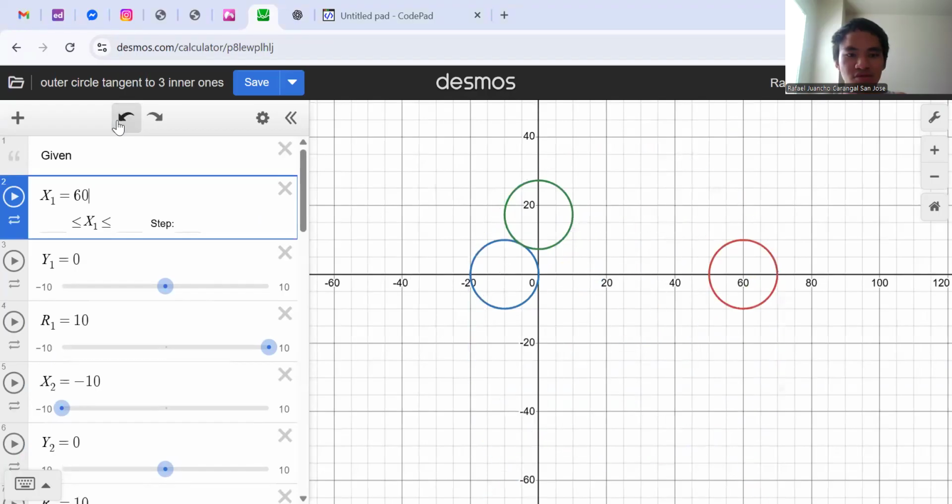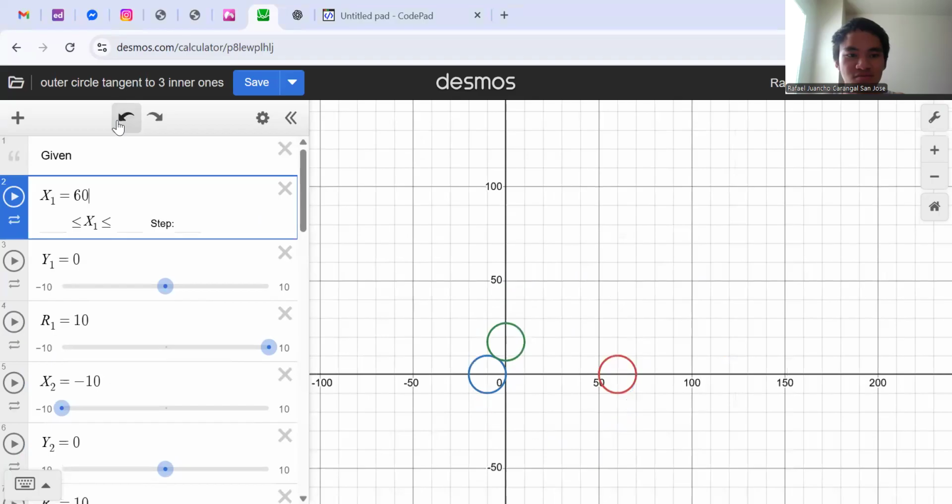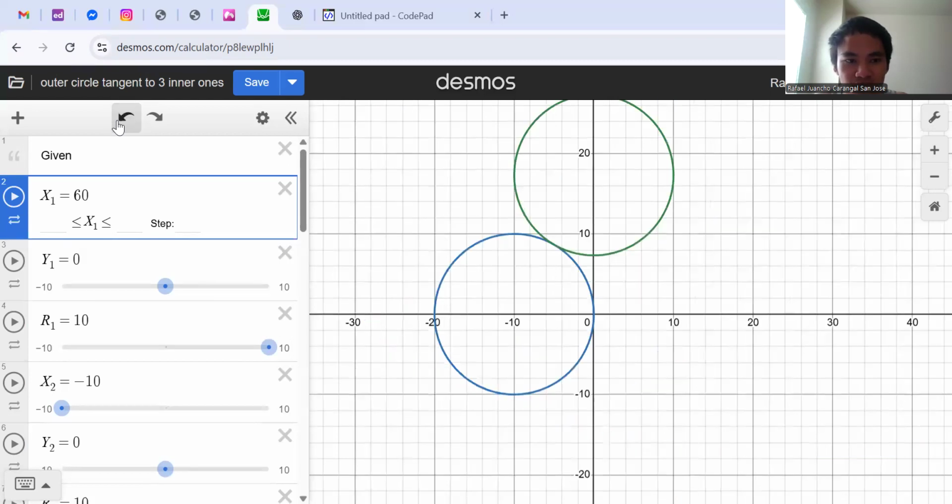I know I did modify these values last time.